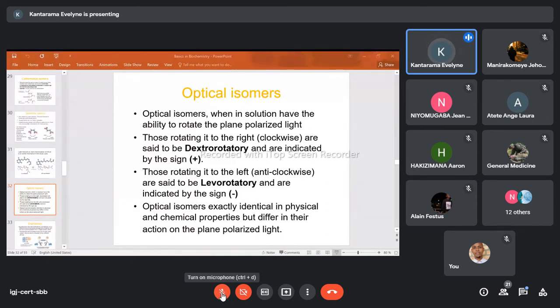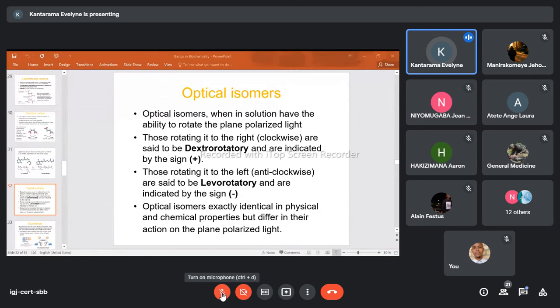Polarized, it is straight, it is channeled, and those polarized light, when passed through a solution having those isomers, on the detector, if there are some substances that turn that light, you can see it on the detector, like the voltage or whatever.